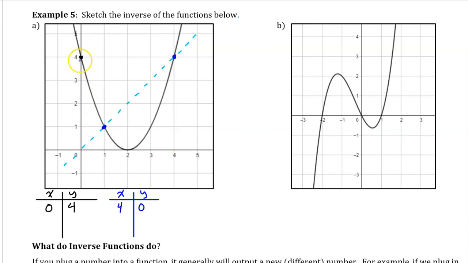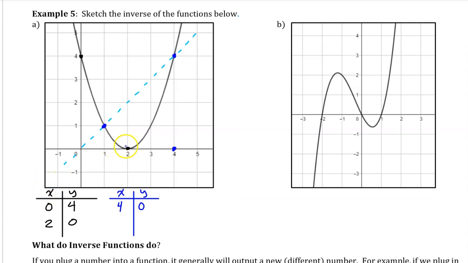In addition, the point 0, 4 will become the point 4, 0 on the inverse graph. So that's right here. Also, the point 2, 0 will become the point 0, 2. And that's right here. When we connect the points in a similar way as the original, we get the inverse graph.